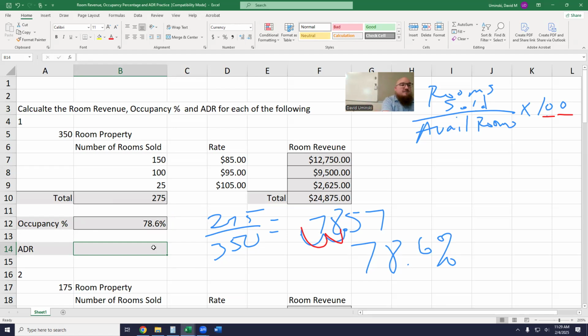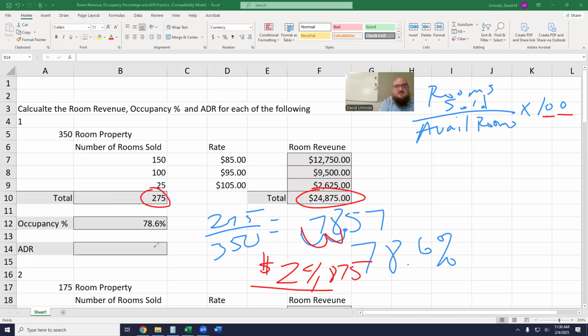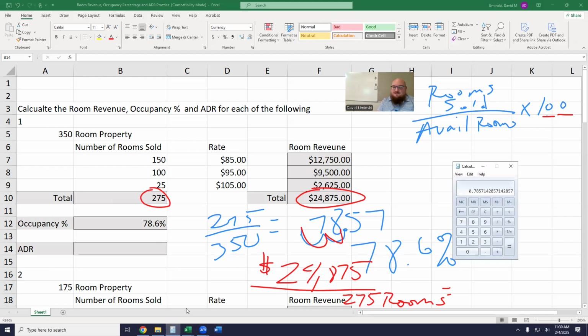So for our average daily rate, we are going to take this total revenue, $24,875, and divide it by the rooms that we sold, 275 rooms.